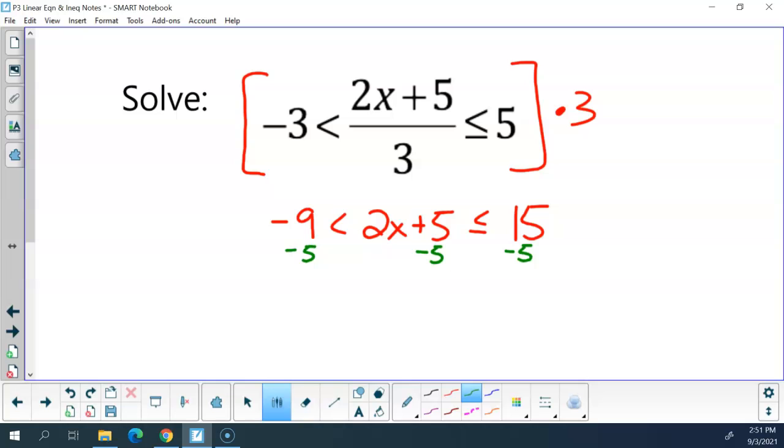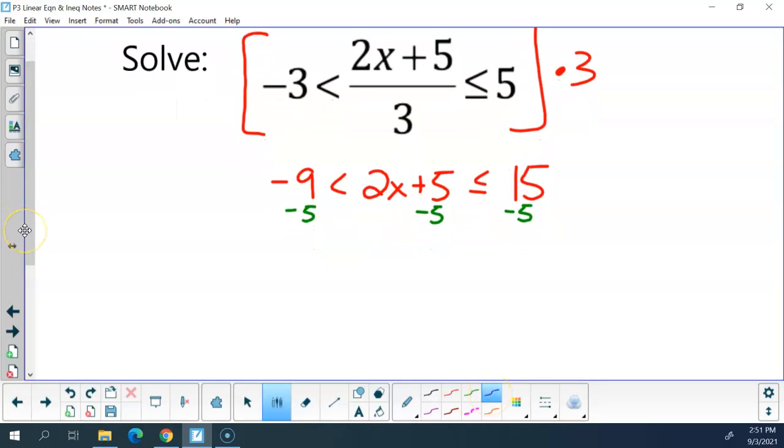So then that's going to give me negative 14 is less than 2x is less than or equal to 10. Okay? Now what? Divide by 2 everywhere.